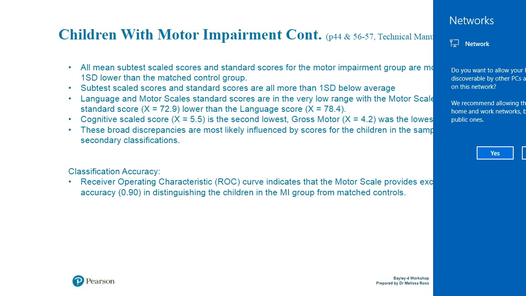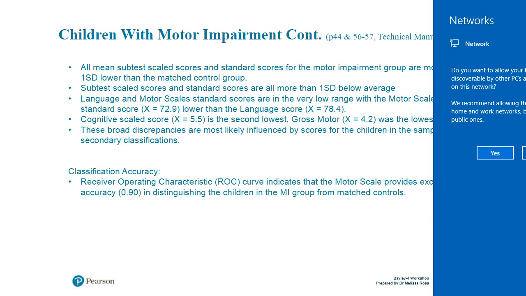Subtest scaled scores and standard scores were all greater than 1 standard deviation below average, and language and motor scale standard scores were in the very low range, with the motor scale standard score lower than the language score. The cognitive scale score was the second lowest, with the gross motor score the lowest. These broad discrepancies most likely are also affected by the children in the sample with secondary classifications.